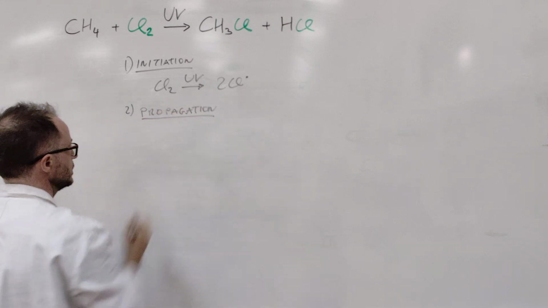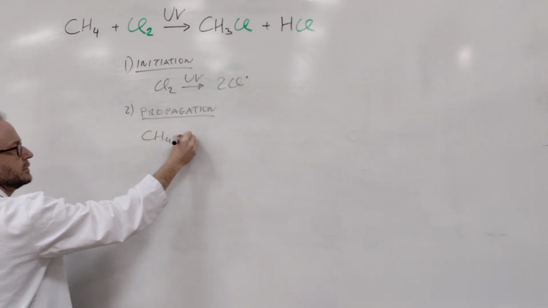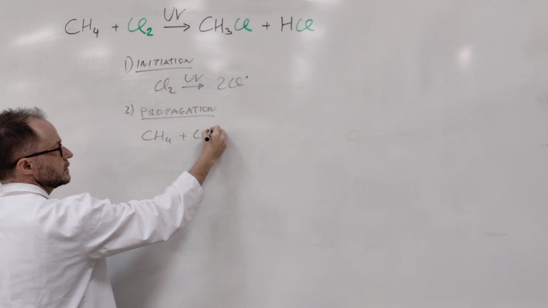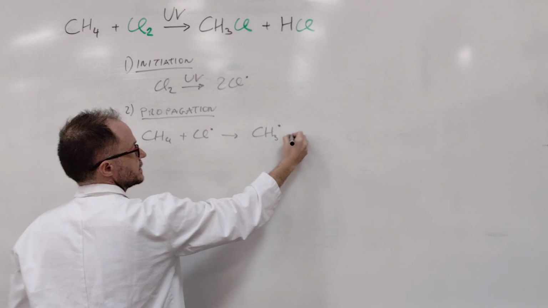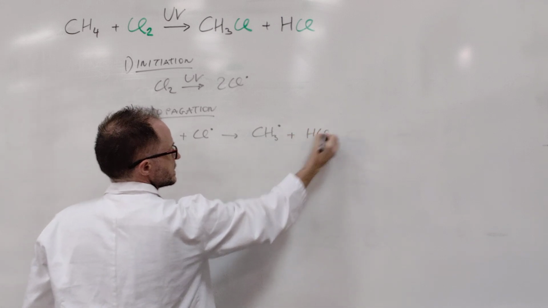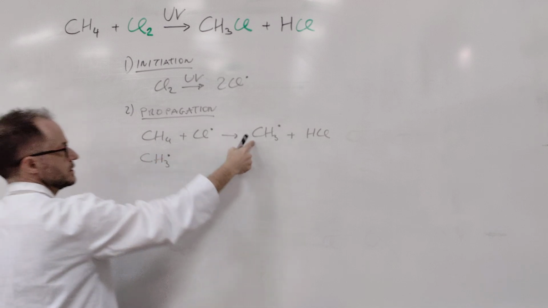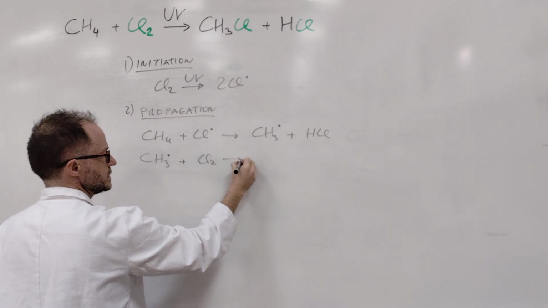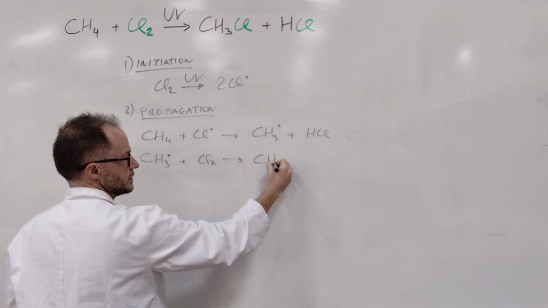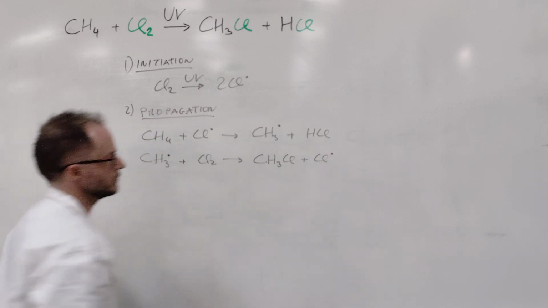Propagation would be methane and a chlorine free radical to make the methyl free radical plus one of the products, hydrogen chloride, and the methyl free radical generated here plus chlorine, one of the reagents, will give us our product chloromethane and regenerate the chlorine free radical.